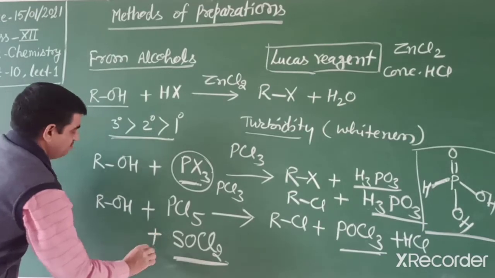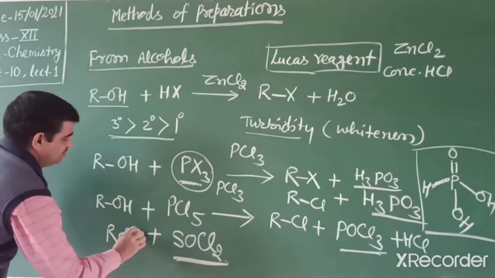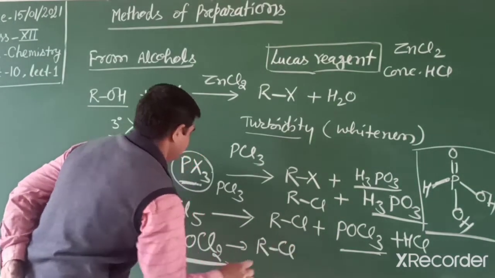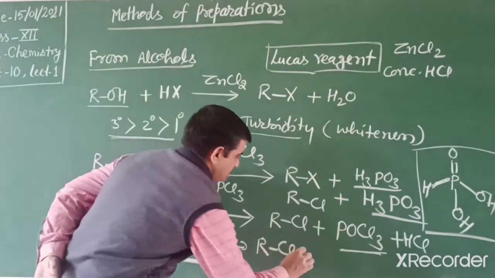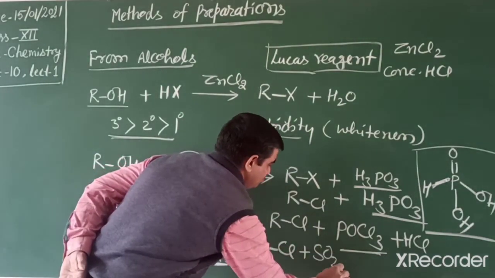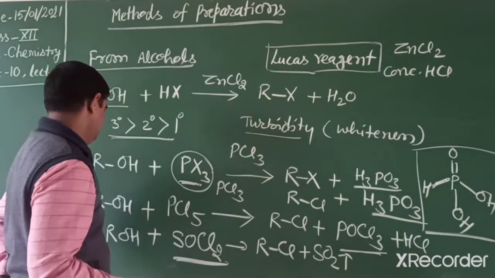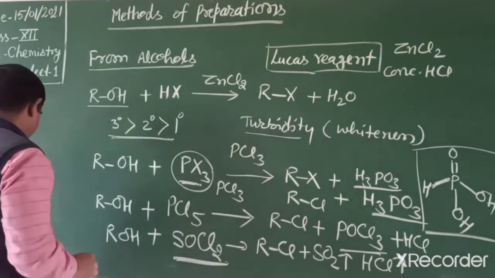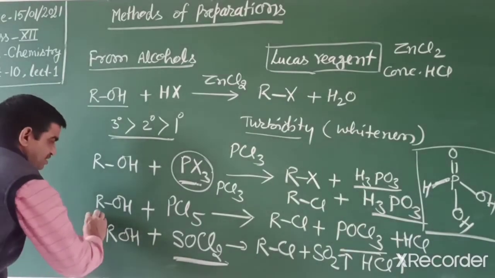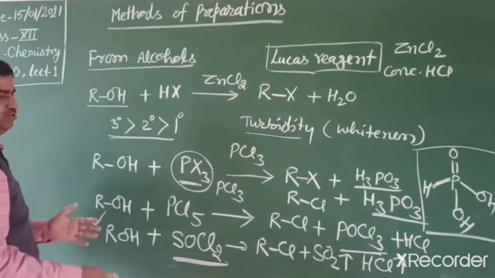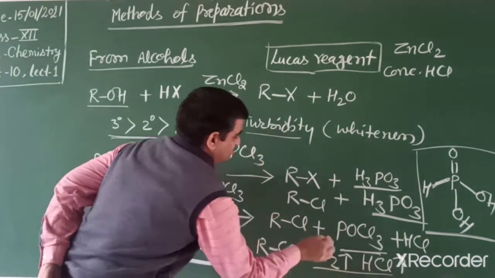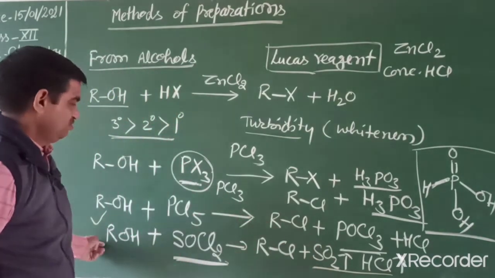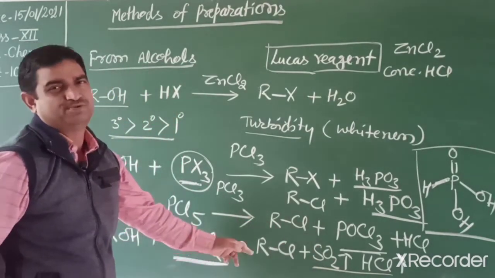When it reacts with alcohol, it is converted into alkyl chloride, RCl, plus SO2 and HCl. This reaction is most important. Why? Because both products are gaseous, SO2 as well as HCl. So in this reaction we get a pure product.